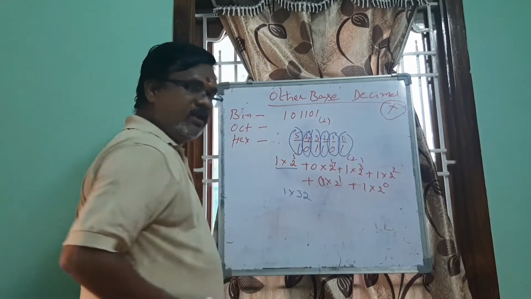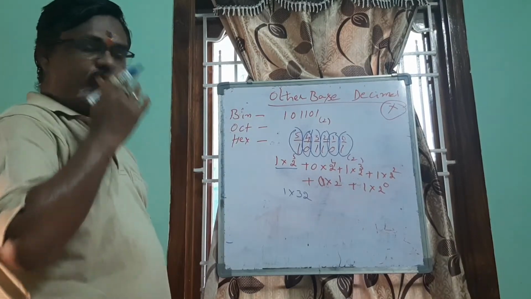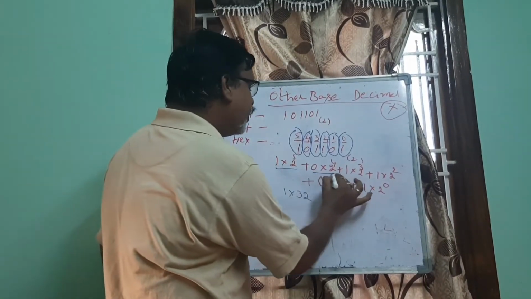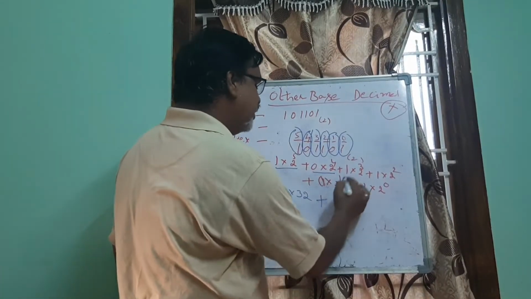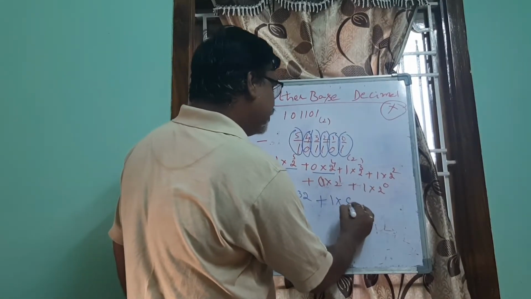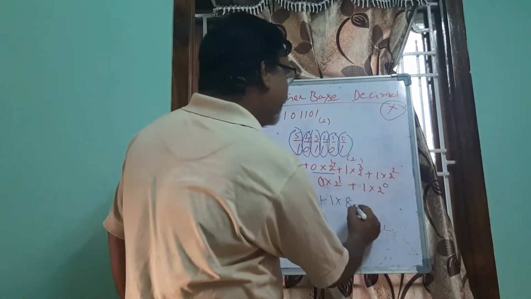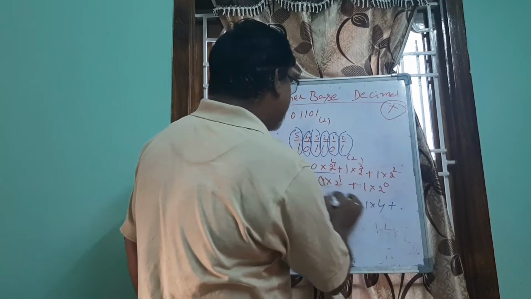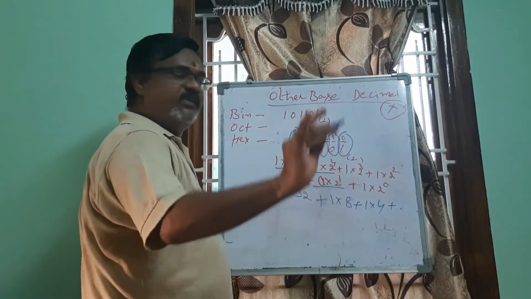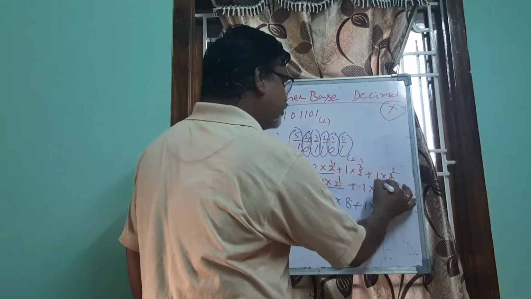I hope you know the multiplications very well. 2 power 5 is equal to 32, plus here 0 into anything you can make as 0, plus 1 into 2 cube is 8, plus 1 into 2 square is 4, plus again 0 into anything is 0. So 1 into 2 power 0. What is 2 power 0?